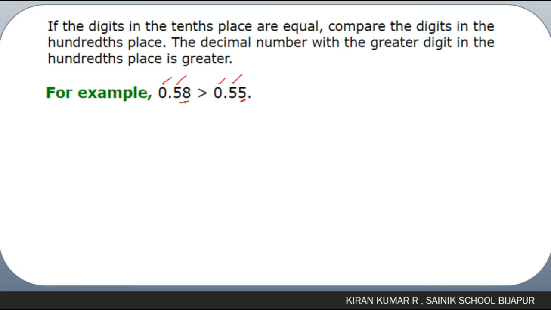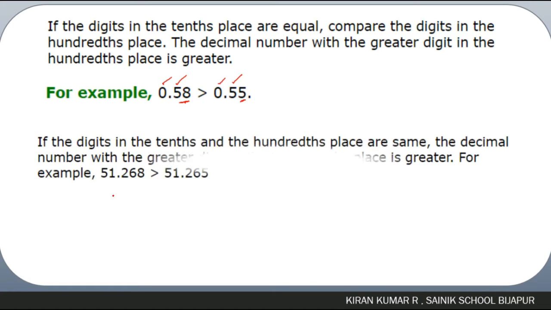What if two of the decimal places are equal? In such cases, we will see the thousandths place. If the digits in the tenths and the hundredths place are the same, the decimal number with a greater digit in the thousandths place will be greater.